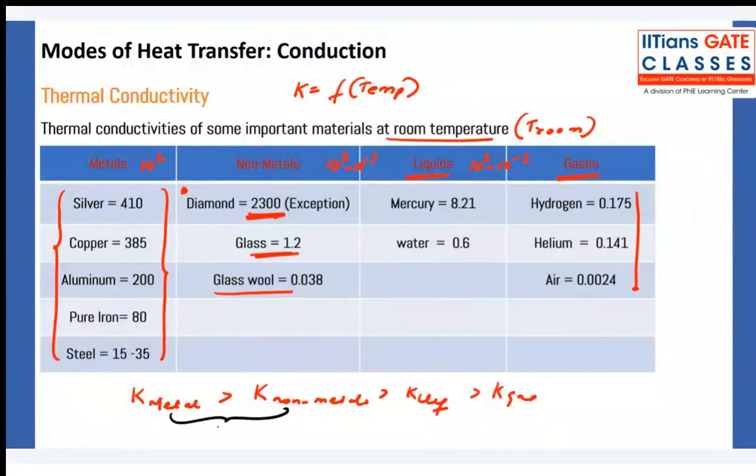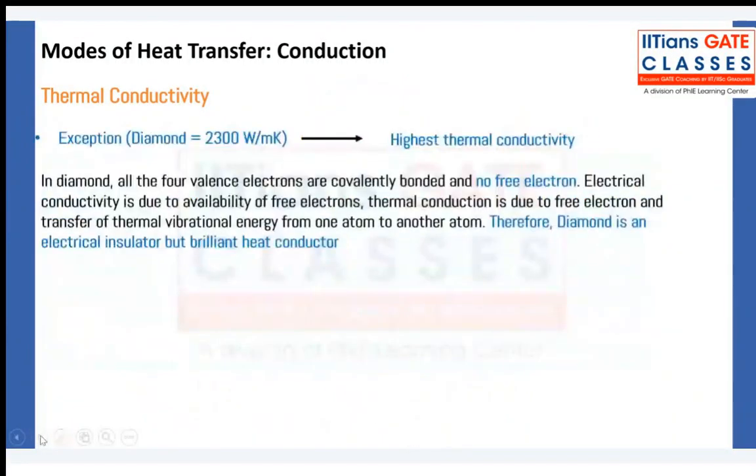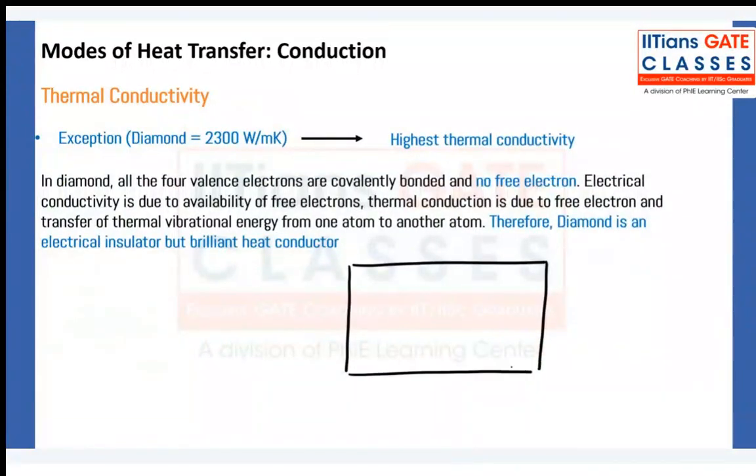Diamond is an exception. Why is diamond an exception? So let's see what happens in a diamond. You see, diamond has a very perfect crystalline structure.